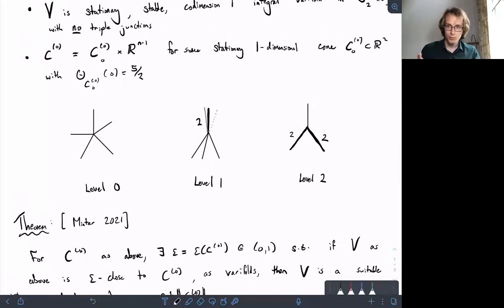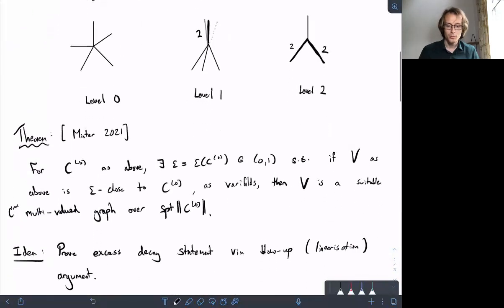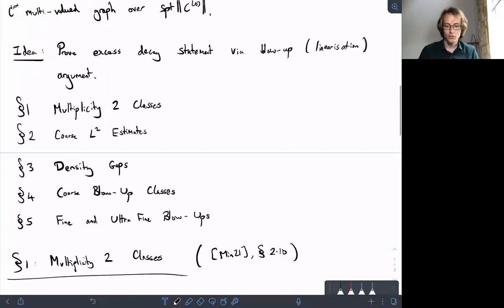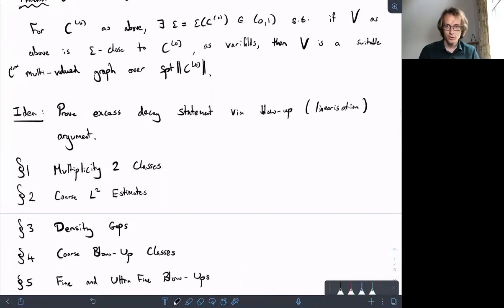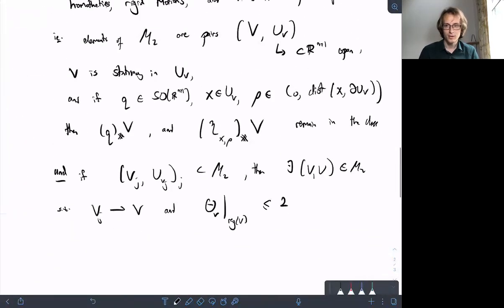And then we can use graphical representations away in order to piece things together and show that we can always assume the multiplicity is less than 2 plus some small epsilon, which is enough to know that on the regular part, the density is at most 2.